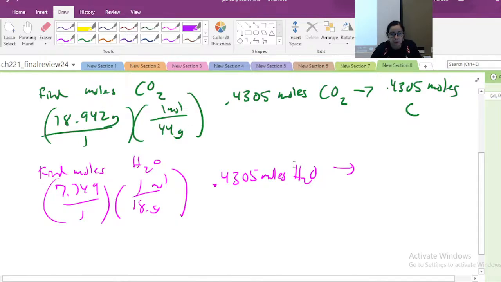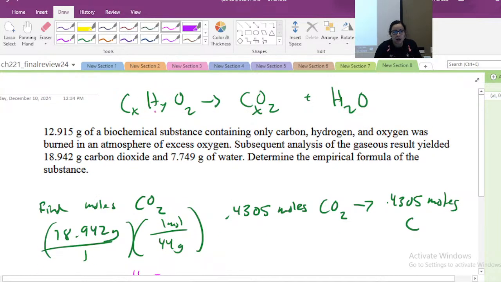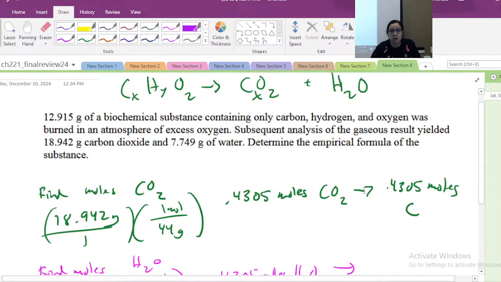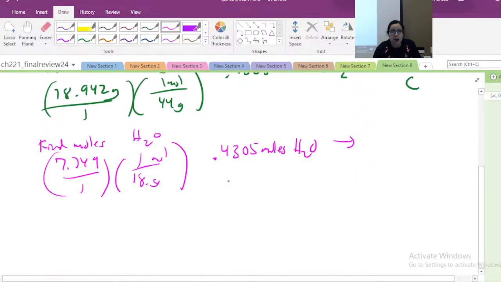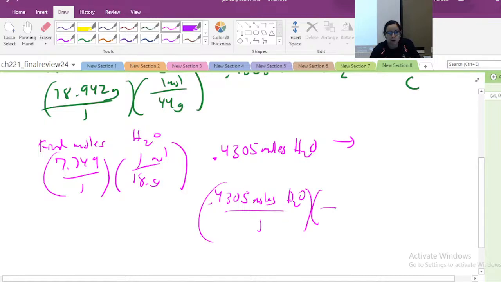Perfect. Our hydrogen becomes water, H2O. So we could set up a proportion: for every 1 molecule of water, there are 2 hydrogens, so we can multiply by 2.